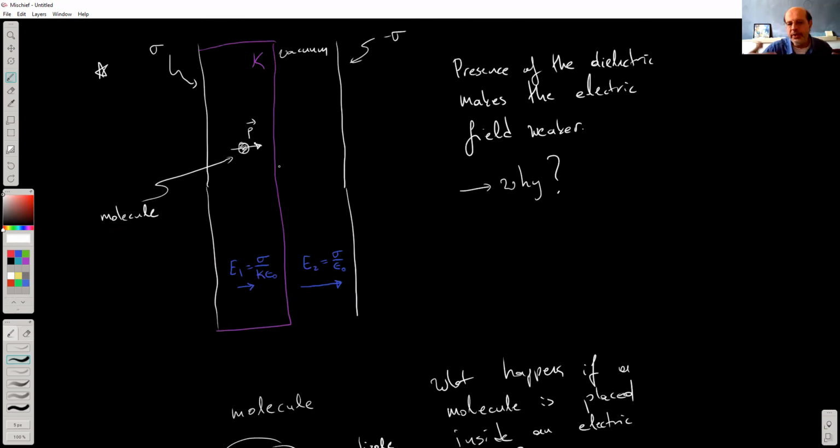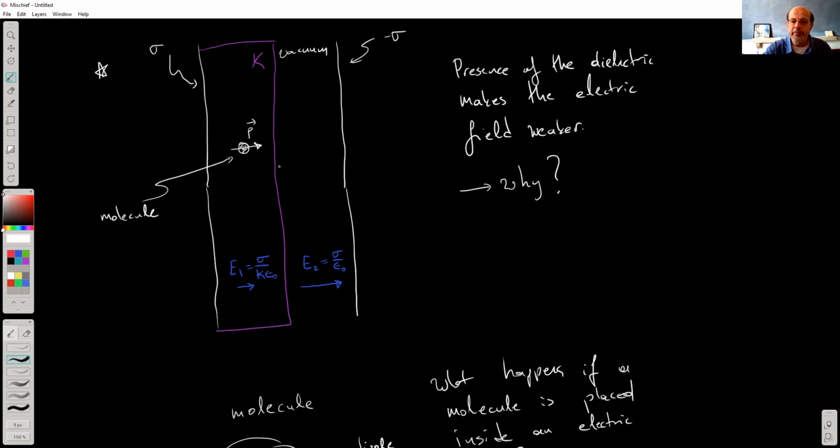It doesn't matter whether the molecules are already polarized, like water molecules, or atoms like helium, which is not normally polarized but becomes polarized after the application of the electric field. In all of these cases, all molecules react in the same way. They develop a dipole moment parallel to the applied electric field.